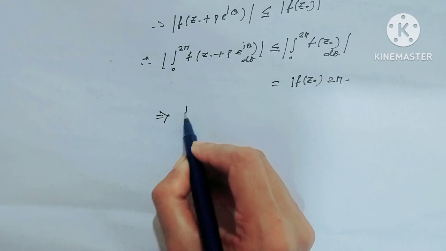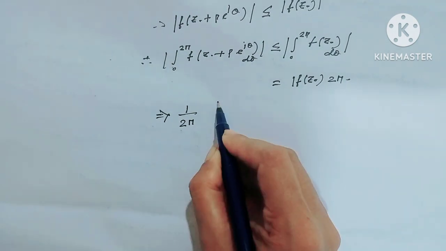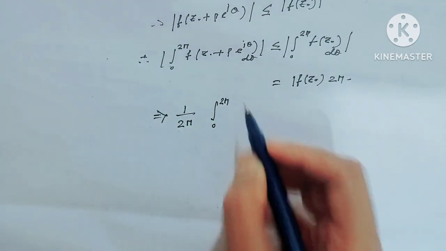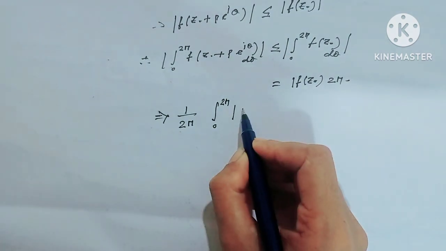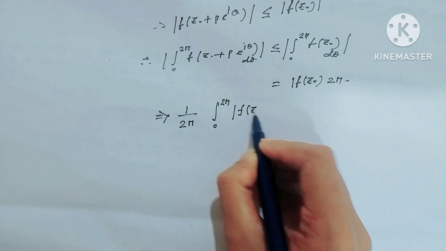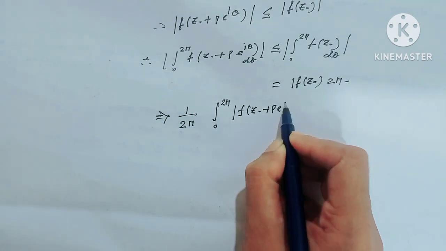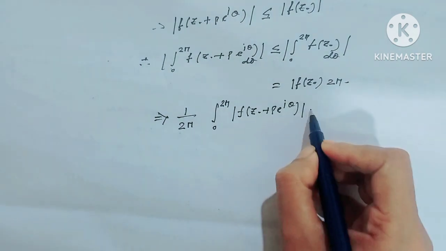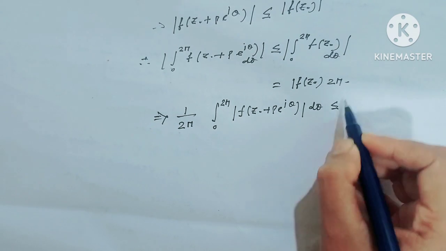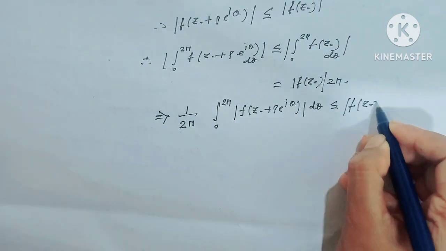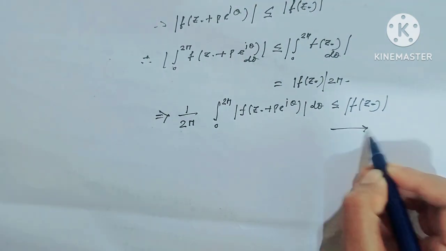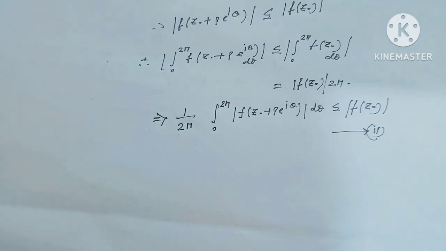Therefore 1 over 2 pi, the integral from 0 to 2 pi of the modulus of f(z0 plus rho e to the power i theta) d theta is less than or equal to the modulus of f(z0). Let us indicate it as 2.